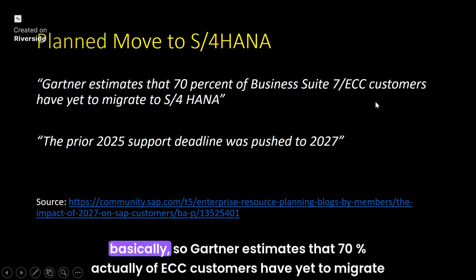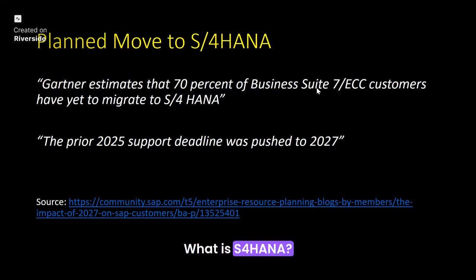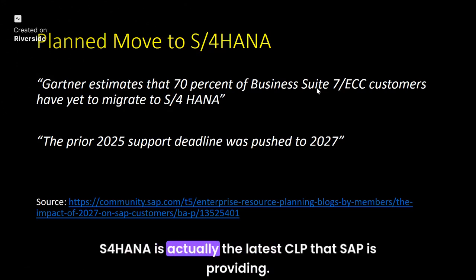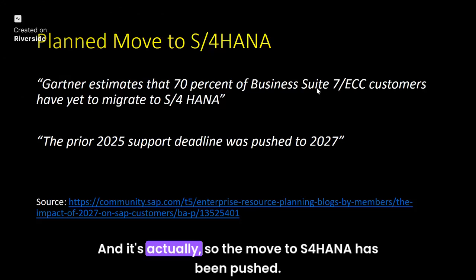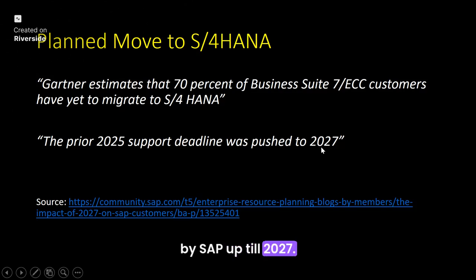Gartner estimates that 70% of ECC customers have yet to migrate to S/4HANA. What is S/4HANA? S/4HANA is the latest ERP that SAP is providing, and the move to S/4HANA has been pushed by SAP up till 2027.